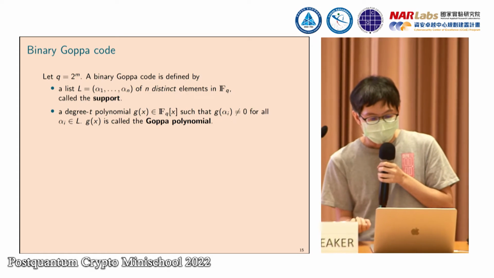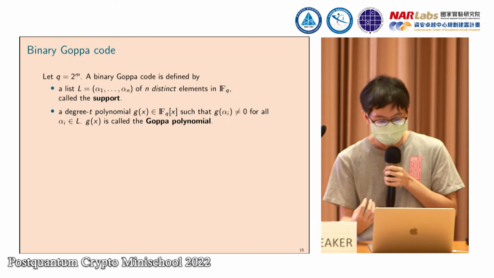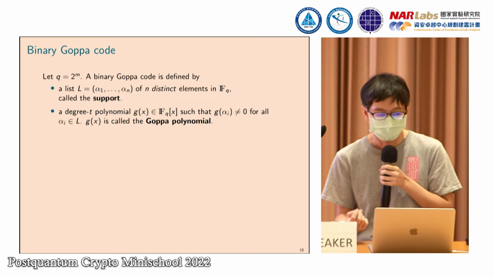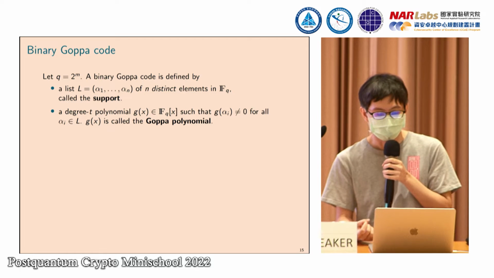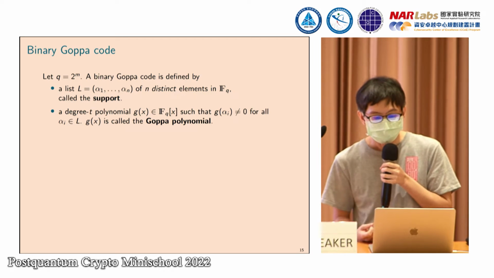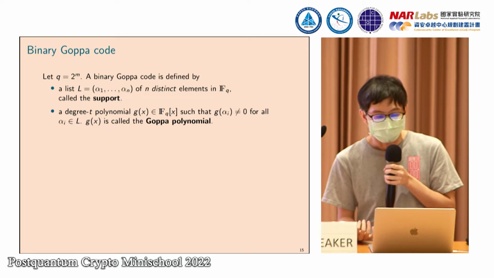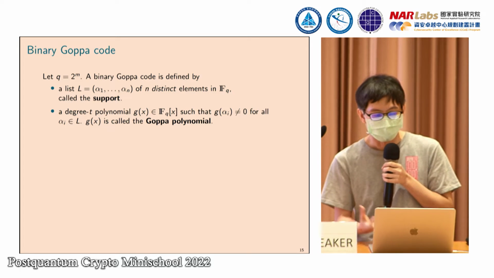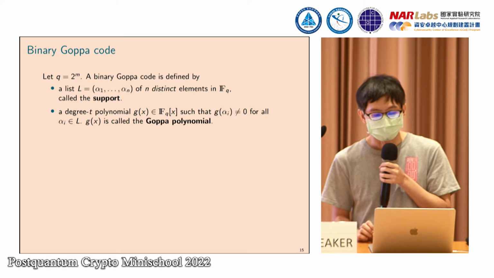Okay, so now I can talk about the definition. If you want to create a binary Goppa code, you first have to consider some field size q, which is 2 to the m, and then you create a list alpha 1 to alpha n of n distinct elements in the field.